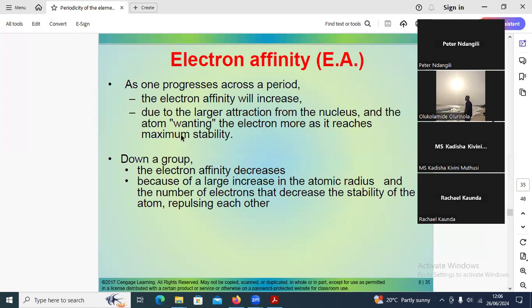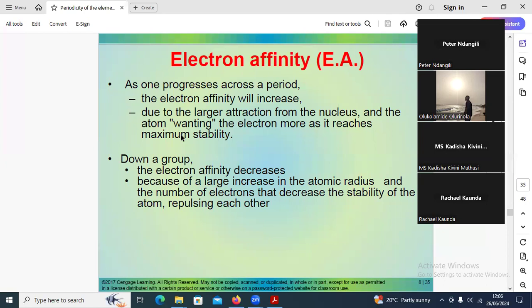So across a period, the electron affinity will increase. And this is because of the increase in the effective nuclear charge.